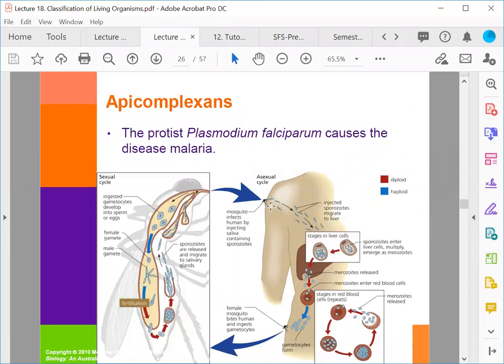The Plasmodium protist then completes the asexual part of its life cycle in red blood cells and the liver in humans. Then it is picked up again by another mosquito that bites that human, and the Plasmodium then completes its life cycle, but it now reproduces sexually within the mosquito, and then it accumulates within the salivary glands, ready to be transmitted to another human.